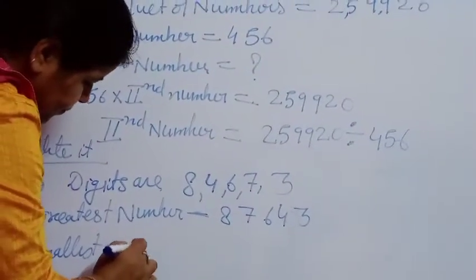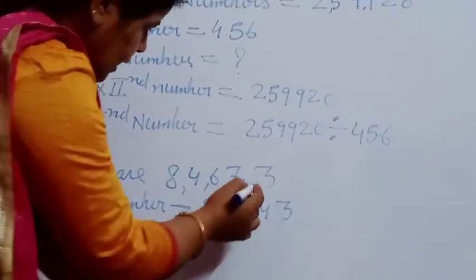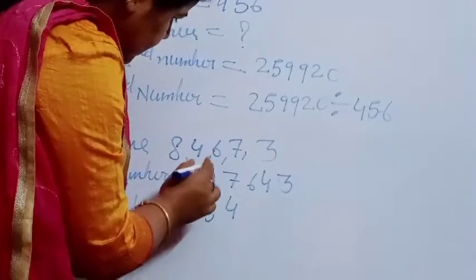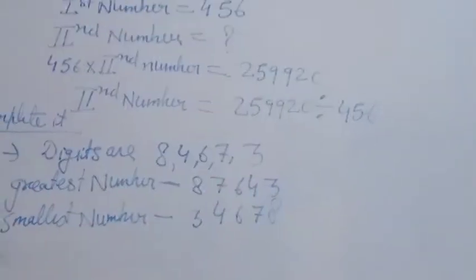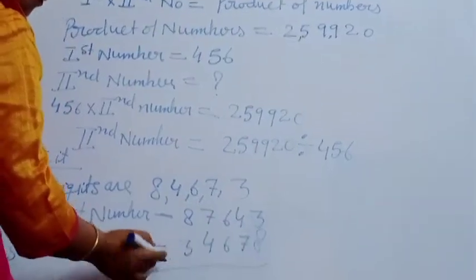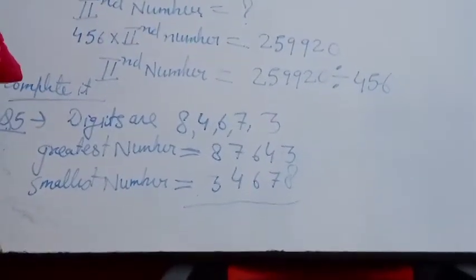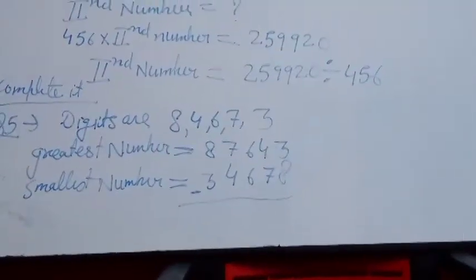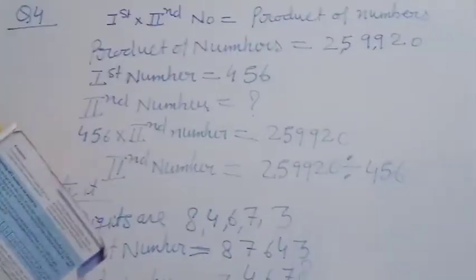Smallest number will be, write them in ascending order: 3 4, then 6, then 7, and then 8, and then you have to find their difference. Here you will do the subtraction. Whatever will come after subtraction, that will be your answer. Okay, that subtraction also you will perform yourself. In this way you will get the answer of question number 5th.